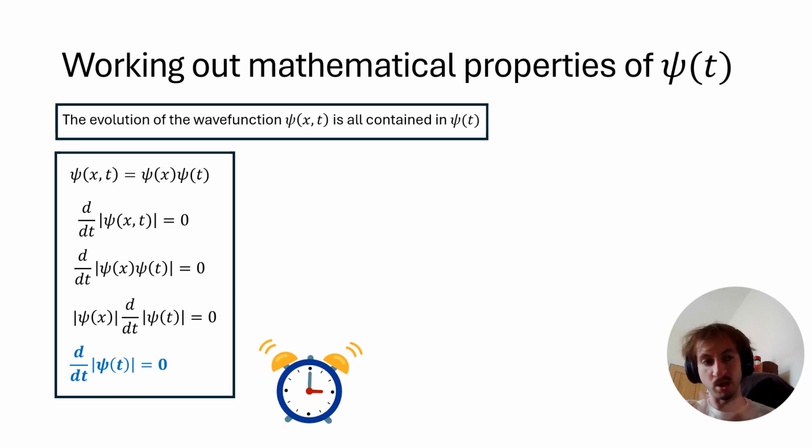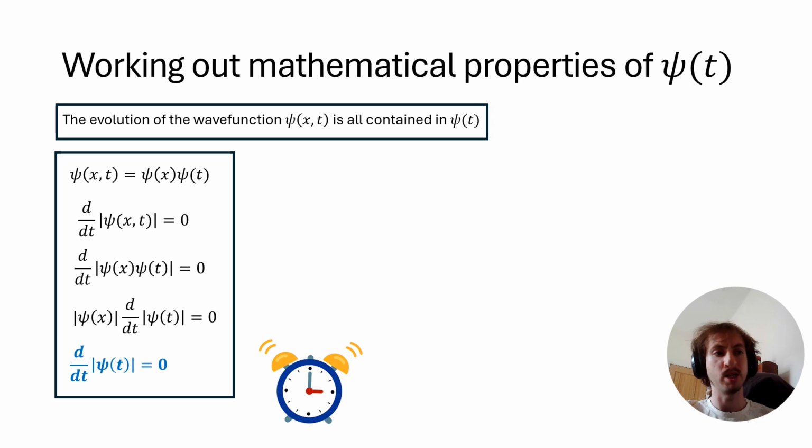However, that doesn't work, because if psi of t is 0, then psi of x and t, our overall wave function, would have to be 0, meaning our particle would be impossible to find in any state whatsoever. It simply wouldn't exist.